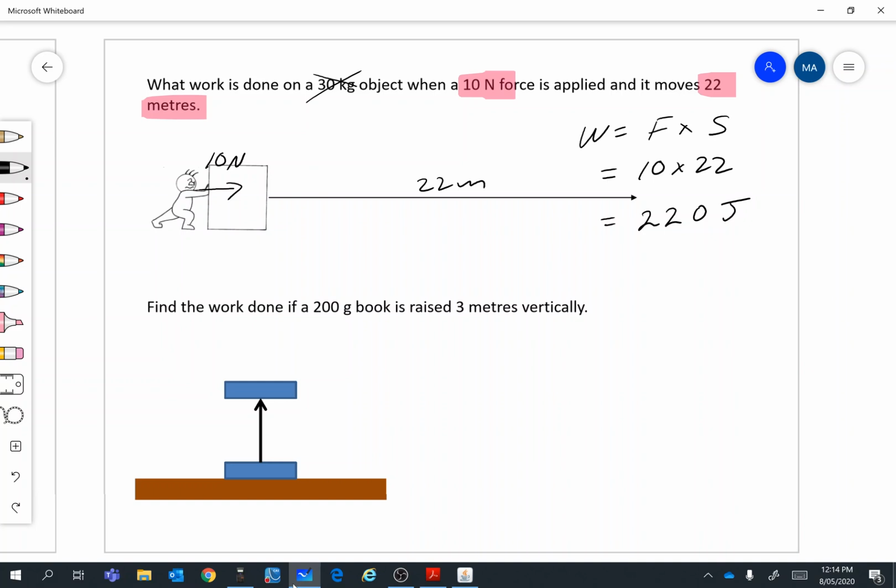So what we're going to do is use force equals mass times acceleration. And then when we've done that, we can use that calculation to put our force into the equation here. Now look, this is a tricky one, but you might want to pause the video and have a dash at it first, and then I'll show you what to do. So go ahead and do that if you want to.